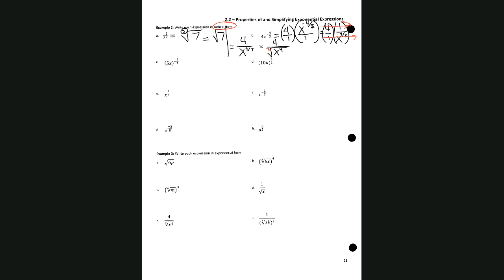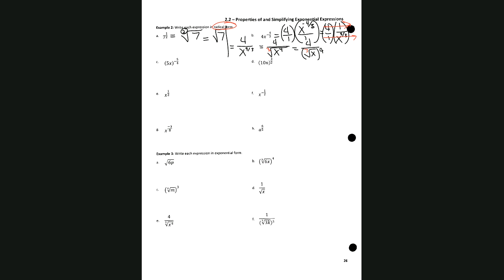Or we could also write it this way, 4 divided by the cube root of x, and then all of that raised to the power 4. Both expressions have the same meaning, and they're both correct.